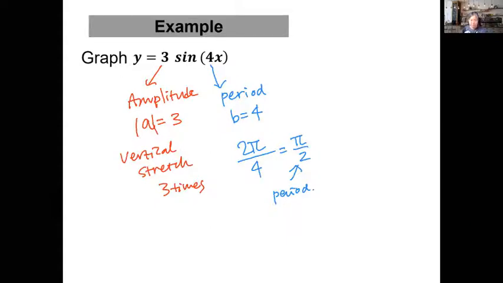So from the parent function, let's start from here. Let's draw the parent function of sine, x, y. Sine starts from what coordinate? 0, 0. And then it always goes to pi and 2 pi.